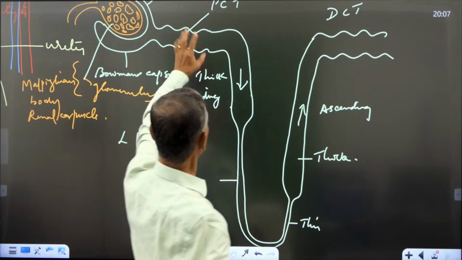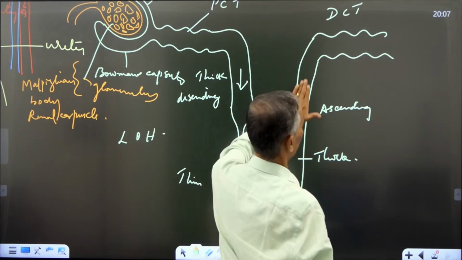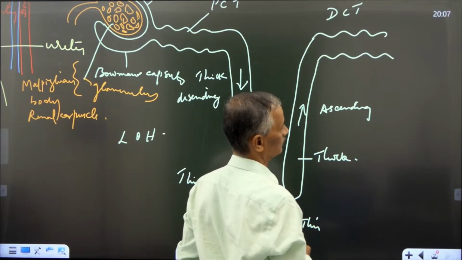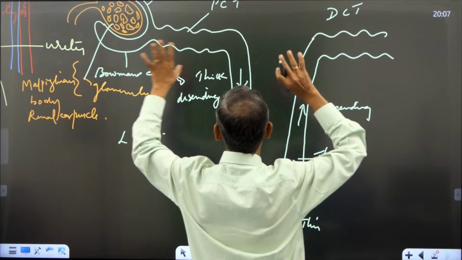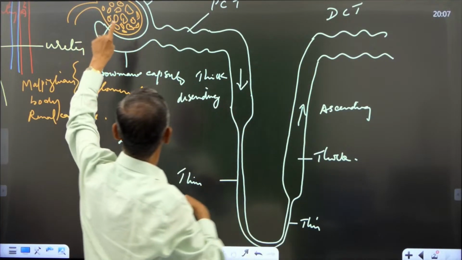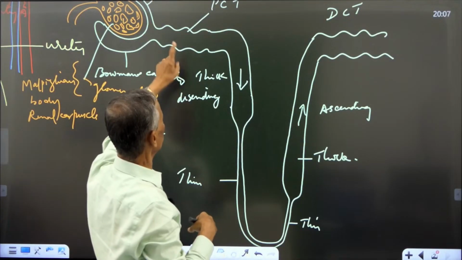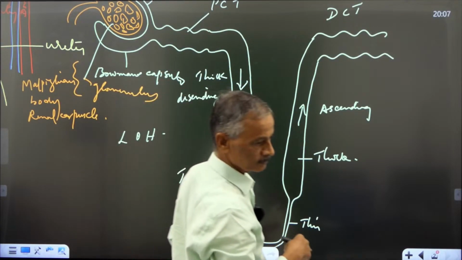So you have a PCT and a DCT connected together by a hairpin bend-like structure called loop of Henle. So this is the renal tubule. So the nephron has a glomerulus and a renal tubule. The renal tubule has PCT, DCT and a Henle's loop. Clear?